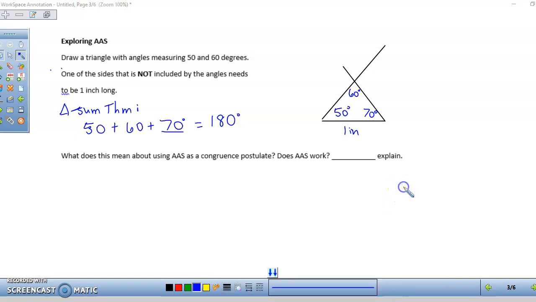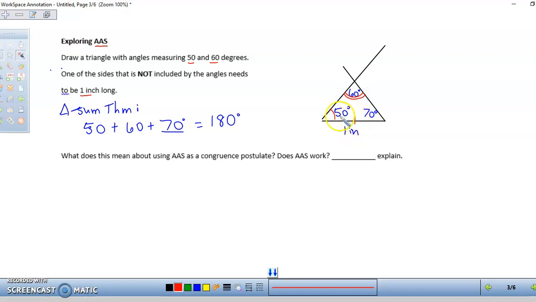Now a lot of people have trouble with determining whether it's angle, side, angle, or angle, angle, side. So let me highlight a couple of things to know. We were given a 50 degree, a 60 degree, and then a 1 inch side. Here's the 1 inch side. Here's my 50 degree angle. And notice for angle, angle, side, the 60 degree angle is across from the side that's given.